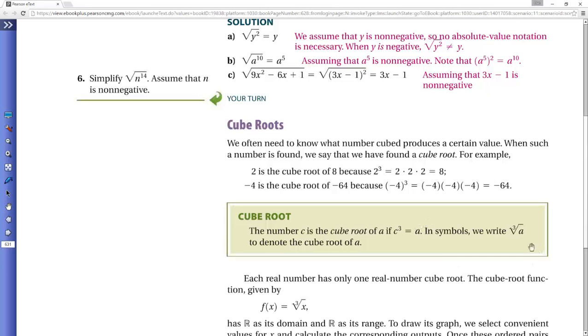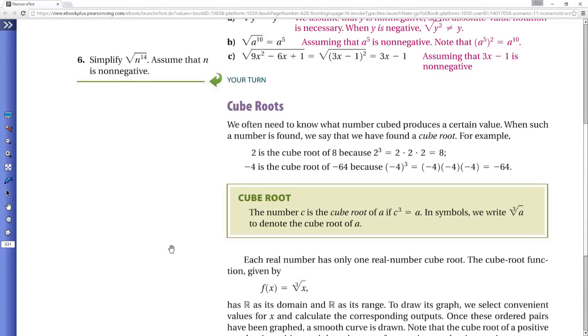So in symbols, and this is how you show a cube root, you put a little 3 into the radical symbol. You just have it for square root, and square root is probably the most used one, so they don't put a 2 there all the time, just like you don't put a 1 exponent. Then you can have 4th root, 5th root, and so on of that pattern. But if there's a 3 there, it means cube root.